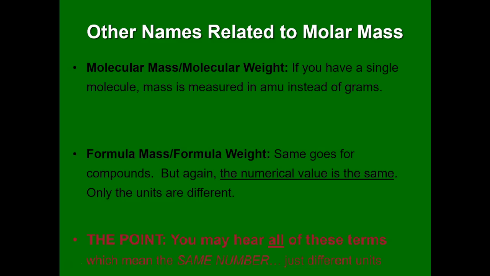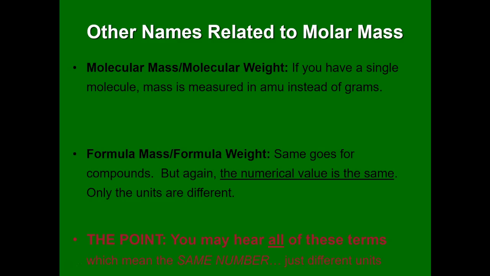Technically, molecular weight or molecular mass refers to the mass of a single molecule. But since the numerical value is the same and just the unit is different, sometimes I will refer to molar mass as molecular weight. So if I say the molecular weight of water is 18.02, that means 1 molecule of water weighs 18.02 AMU, but also 1 mole of water weighs 18.02 grams. So we can use those terms interchangeably.